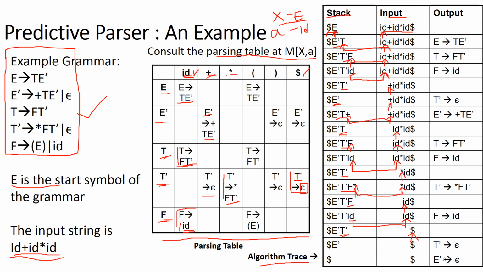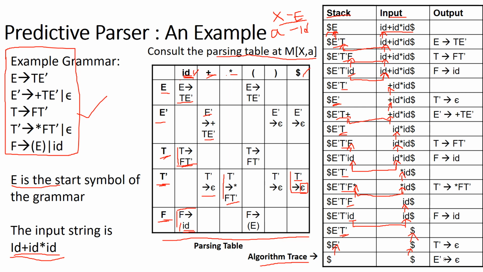Therefore T dash, the top of the stack, is replaced with epsilon, the null string. Therefore nothing is inserted into the stack and E dash becomes the top of the stack, and dollar is still the current input symbol under consideration.